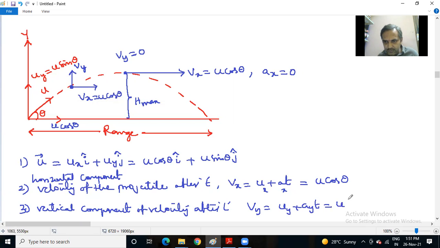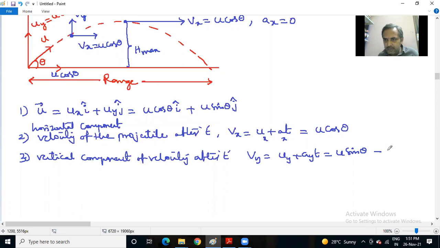So uy is u sin theta, and in the y direction acceleration is minus g. So Vy is u sin theta minus gt. This we discussed in the previous videos. That's all. So t is less than the time of ascent.